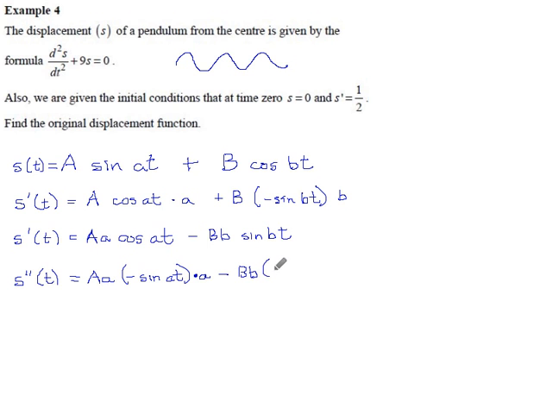The derivative of sine is cosine little bt. And then the chain rule derivative of that gives us another little b. So, with this cleaned up, we get negative big A little a squared sine at, minus big B, we got two little b's, and then cosine bt.